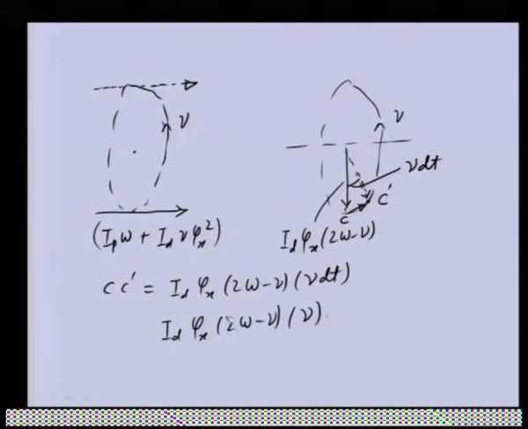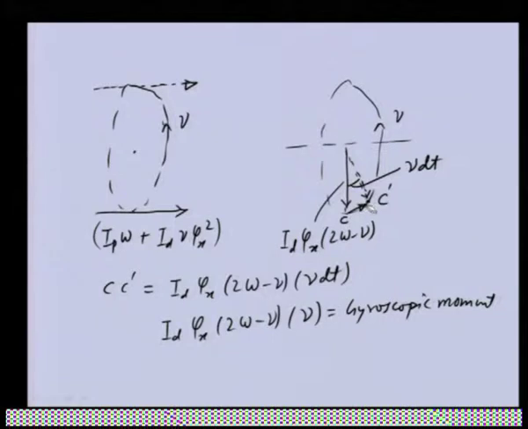Basically this is nothing but the gyroscopic moment. This gyroscopic moment will be acting on the disc, and the direction of this gyroscopic moment we can get from this figure, that will be along the direction of CC prime.